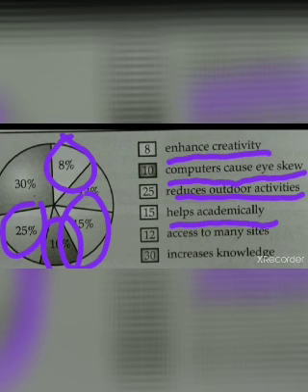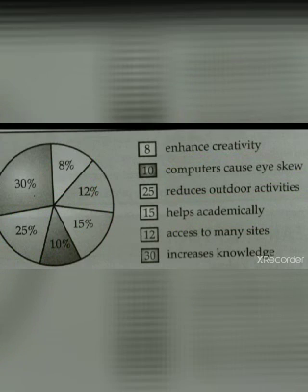Then what about 12%? Somewhere here you can see 12%. 12% of students access many sites. Some of the 12% of students are using different sites instead of studying. They are using different sites when they use computers or information technology. So that's what is happening, for some of you also, right?